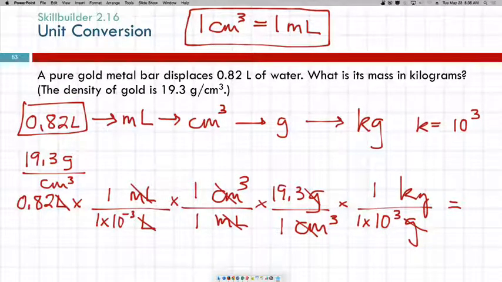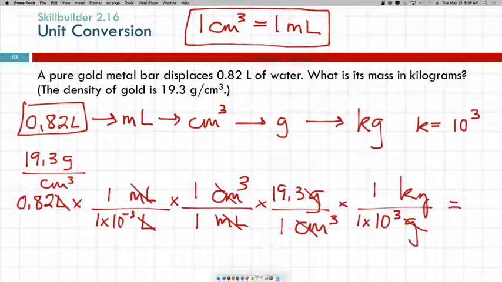EE stands for times 10 to the. So you don't go 1 times 10 EE. You just go 1 EE3 for 1 times 10 to the third. So make sure that you're doing these calculations while I do them, so that you can make sure that your calculator is understanding what you mean. It's always the calculator's fault if it's wrong.